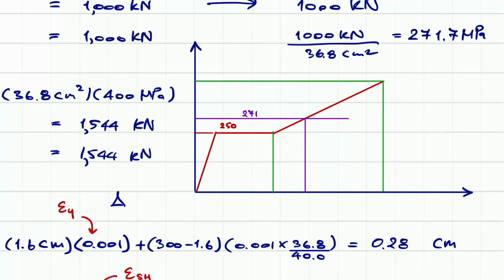So you want to know this question mark minus 0.01. 0.01 is here. 0.1 is here. This is 400 MPa.